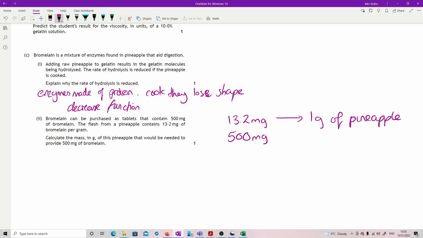Oh, just realised I haven't worked this. It's alright, calculator. So 500 divided by 13.2, and then times that by 1, gives me 37.9. And that's you.